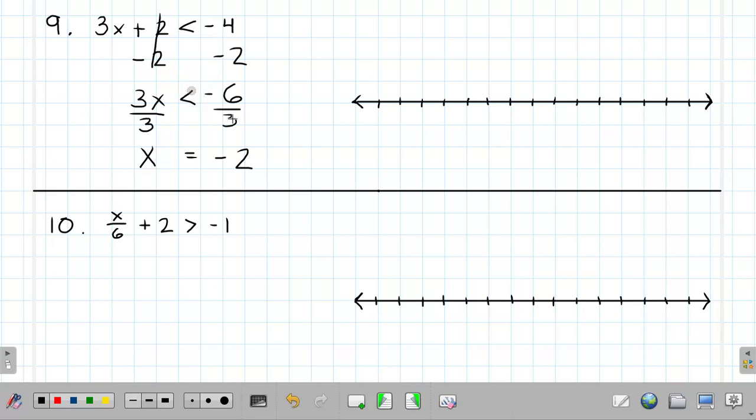I divided by a positive 3, so it's still going to be a less than sign. So our answer here is actually x is less than negative 2. I keep saying greater than, I apologize for that. It should be less than.